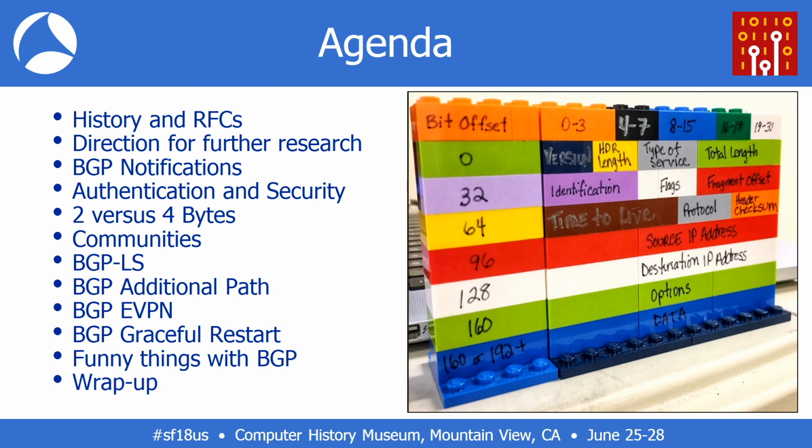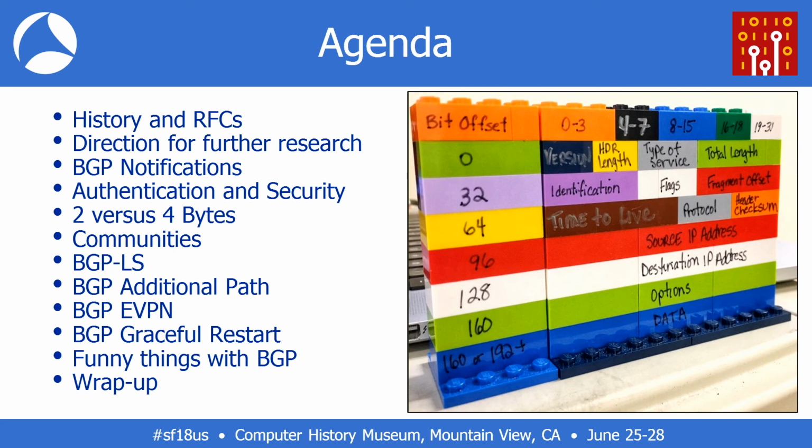Communities and BGP link signaling. They interact with OSPF or ISIS into BGP right now. In former times I learned how to redistribute from one routing protocol to another routing protocol.